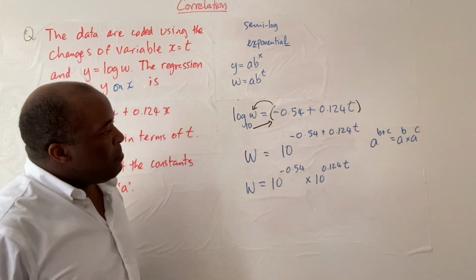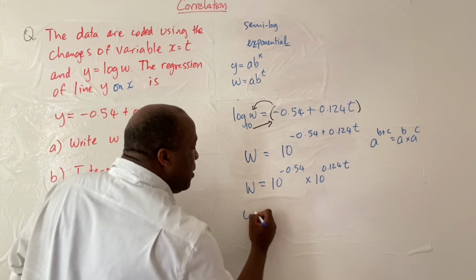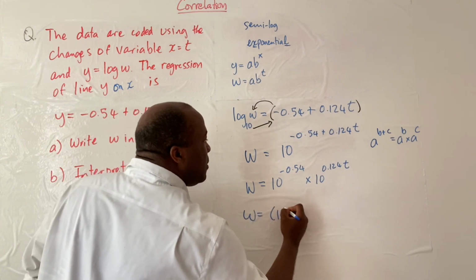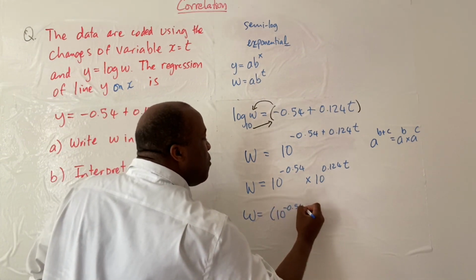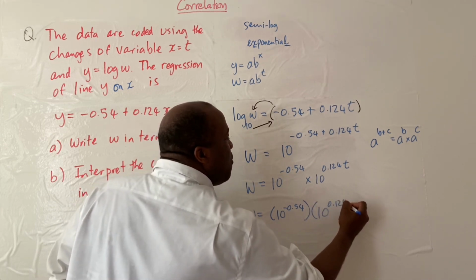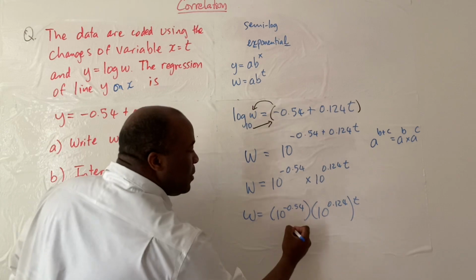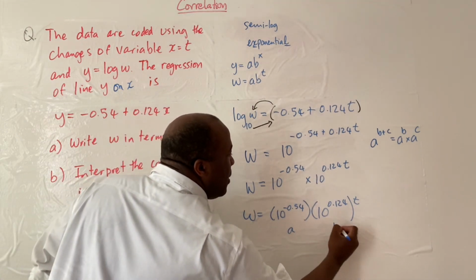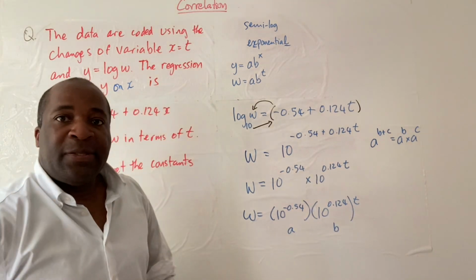All right, so w is equal to 10 to the minus 0.54 and then 10 to the 0.124 with t on the outside, where that will be a, that will be b, and that will be t.